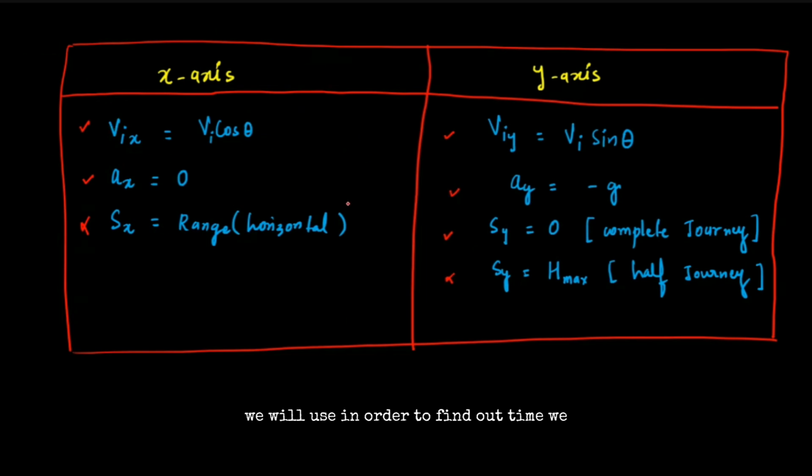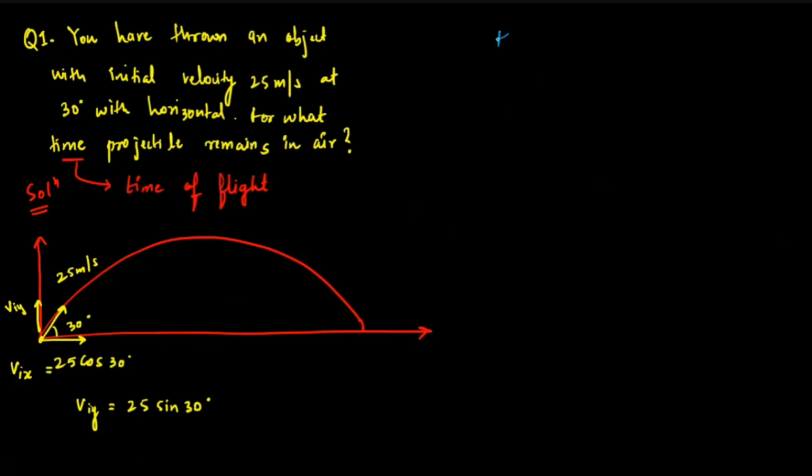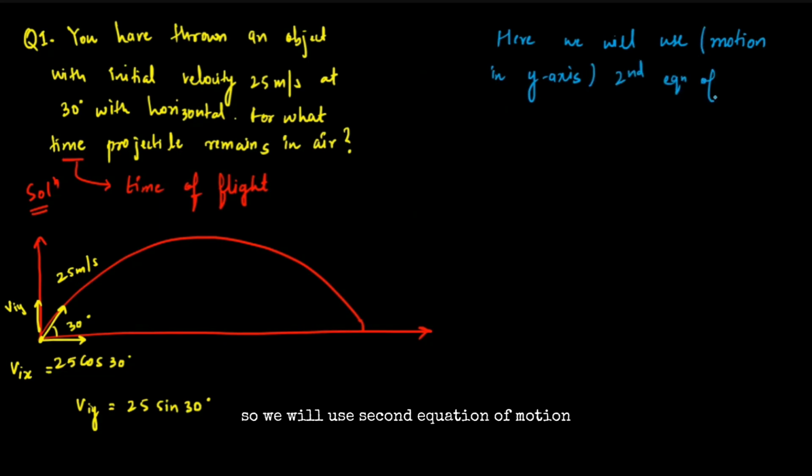So in order to find out time, we will use the y-axis. See how. Here we will use motion in the y-axis, and we will use the second equation of motion.